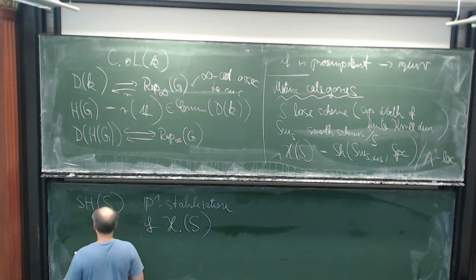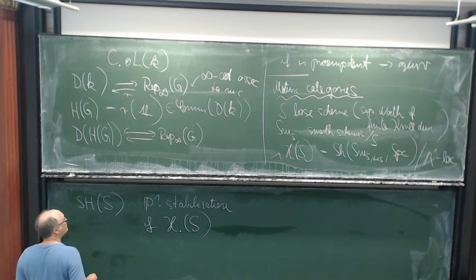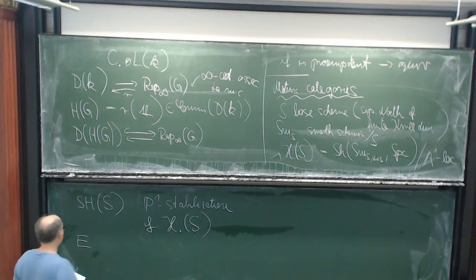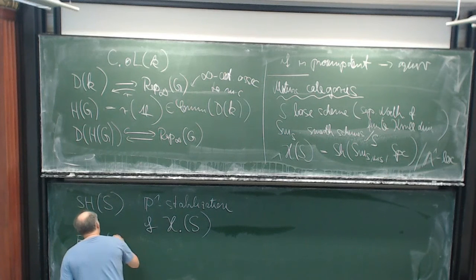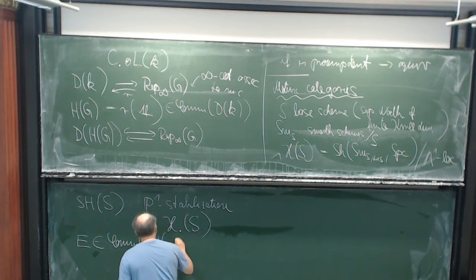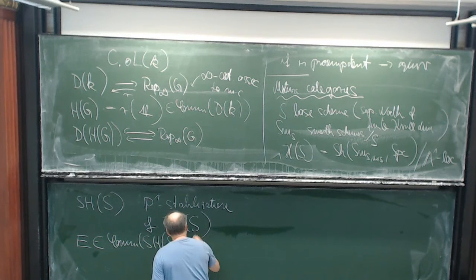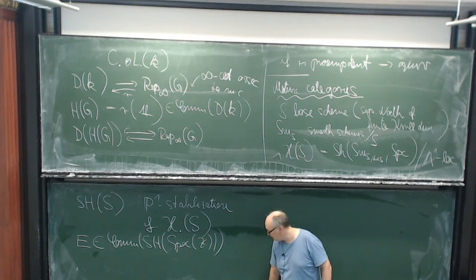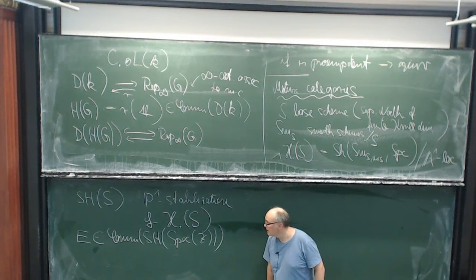What I want to do now is the following variant of this situation. I want to fix an E-infinity ring object in SH over the terminal scheme. So I take E in commutative algebras in SH of Spec C, and this is just any ring object.